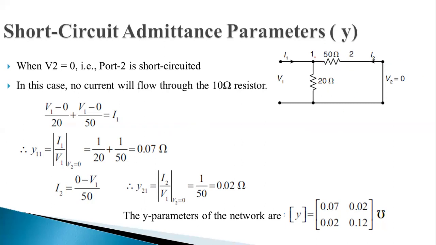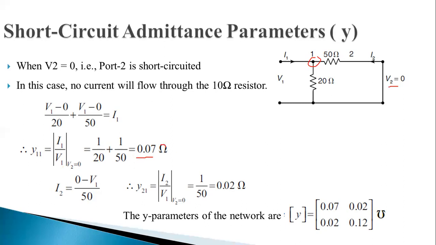Now with respect to this node, we need to find all the equations. So for the current I1, we get the equation V1 upon 20 plus V1 minus 0, because V2 is 0, upon 50 equal to I1. So Y11 equal to I1 by V1 with respect to V2 equal to 0 equal to 1 by 20 plus 1 by 50 equal to 0.07 ohm.